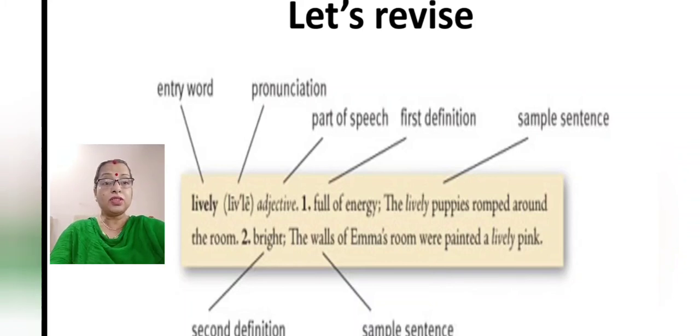The walls of Emma's room were painted a lively pink. So here the meaning of the word lively is bright, a bright pink. So the word lively has two meanings: one is full of energy and another is bright.